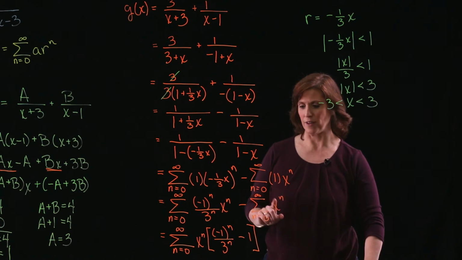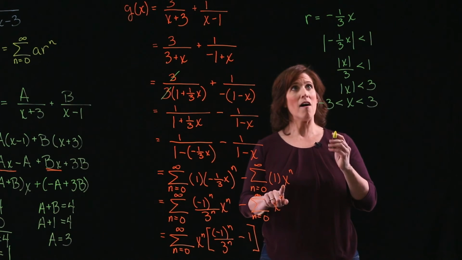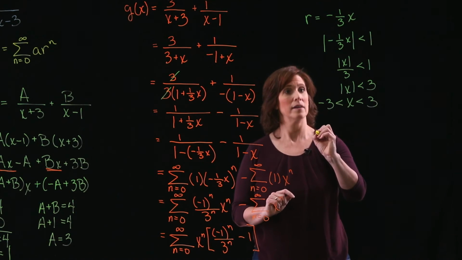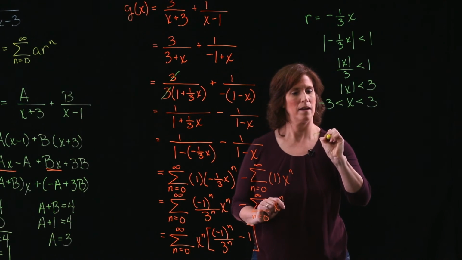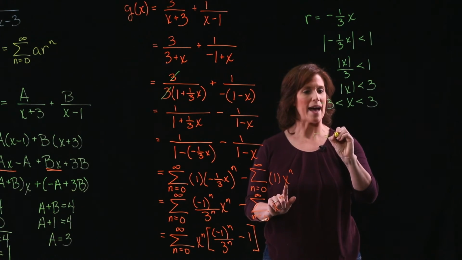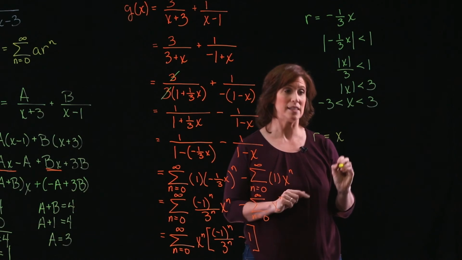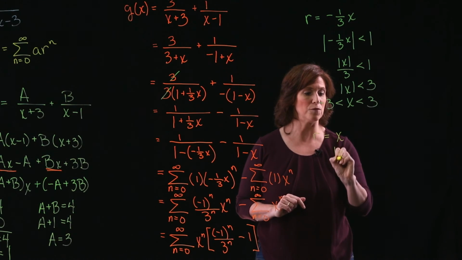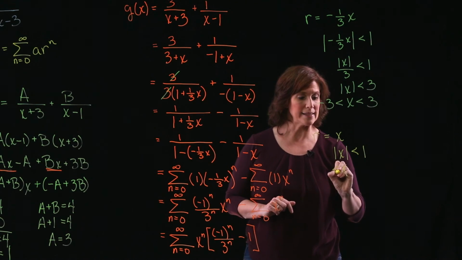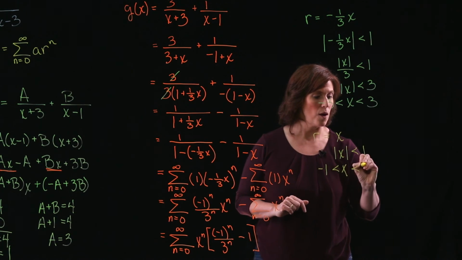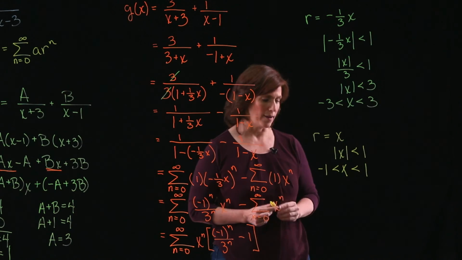For my second series, my r value is going to equal x. And again, I know this series converges when the absolute value of x is less than 1, which means x is going to bounce between -1 and +1.